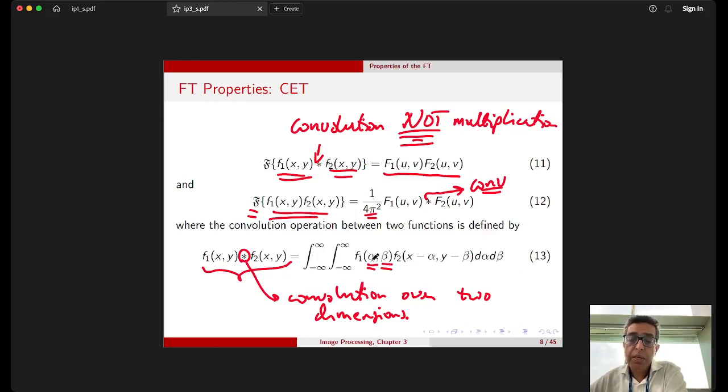Note that we introduce the dummy variables alpha and beta into function 1, so spatial field 1 becomes a function of alpha and beta temporarily. The key thing here is that function 2, spatial field 2, now becomes a function of minus alpha and minus beta.